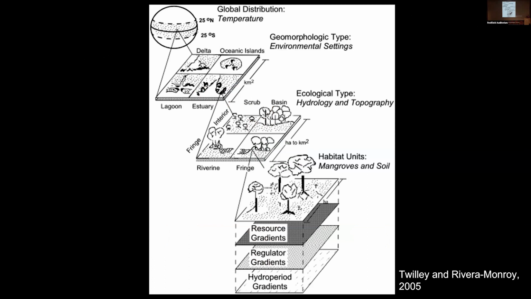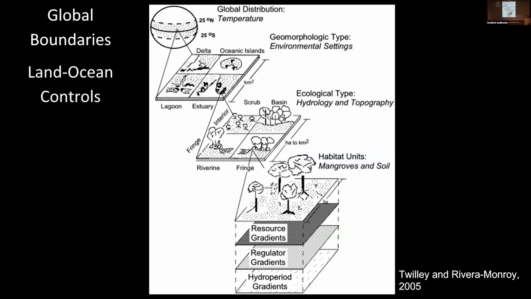We have to think about this from a few different levels, right? We have a global distribution, right? These boundaries of these mangrove systems are driven primarily by air temperature, right? They don't like freezing temperatures, so we're limited to the tropics and some of the subtropics.